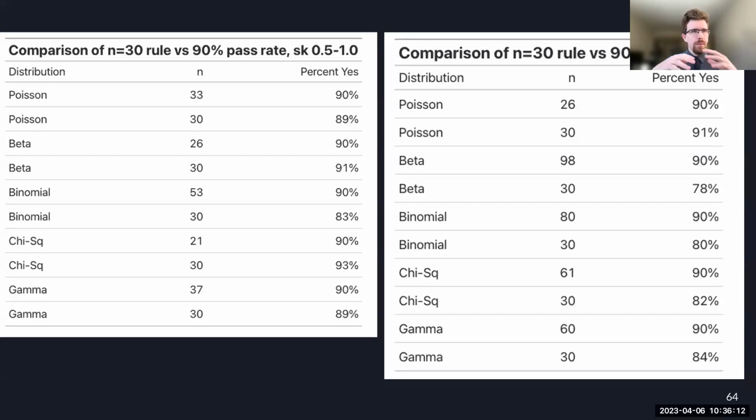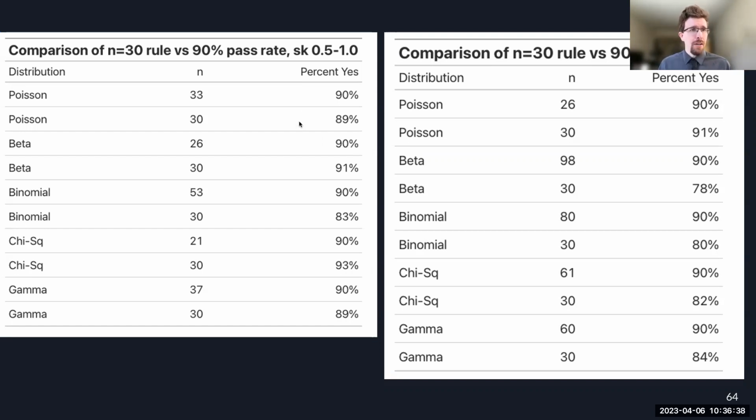Showing it here in these two side-by-side comparisons, the N equal to 30 versus 90% pass rate for the skewness profile of 0.5 to 1, and then the generalized one, compared side by side here. There's a lot of information, I know, but you can see that by and large, the N equal to 30 rule of thumb works fairly well.